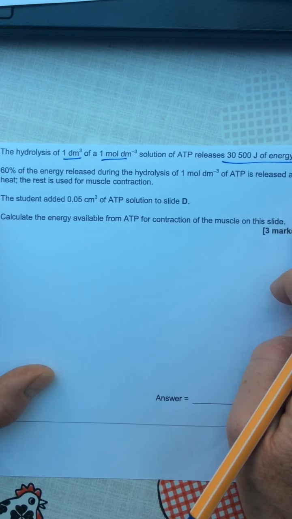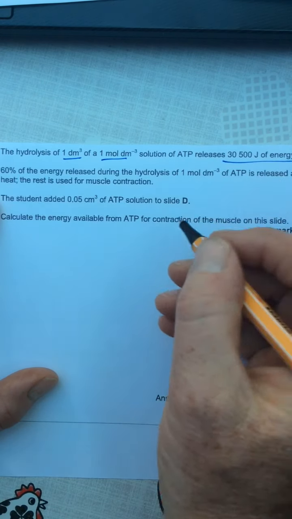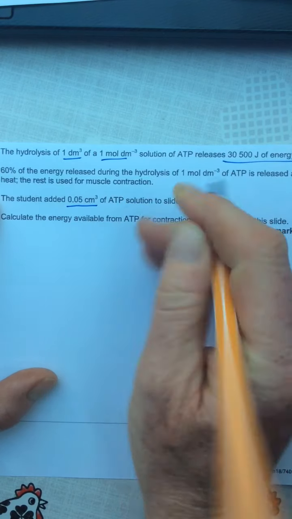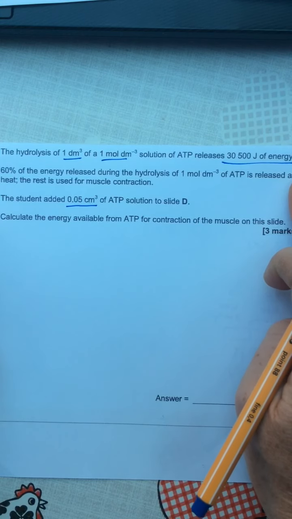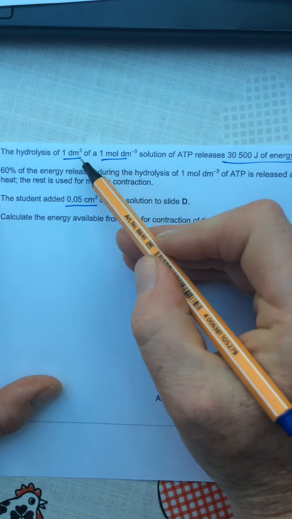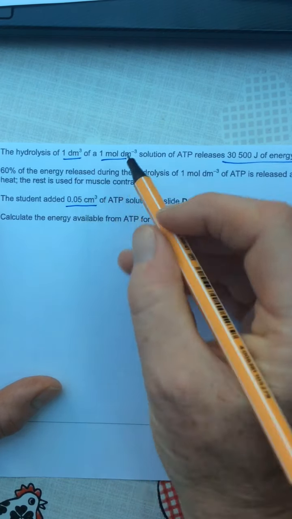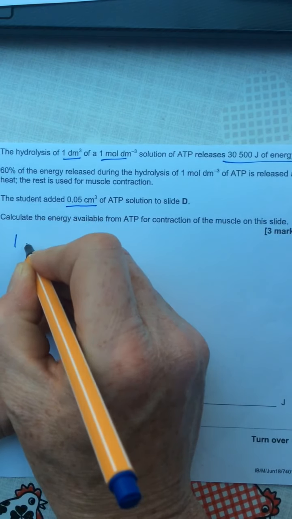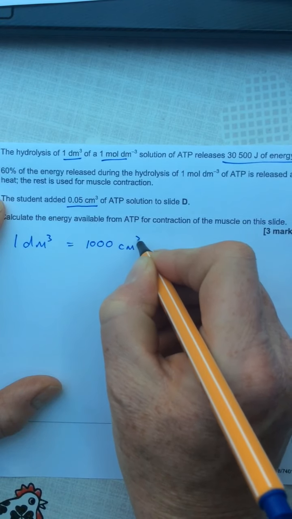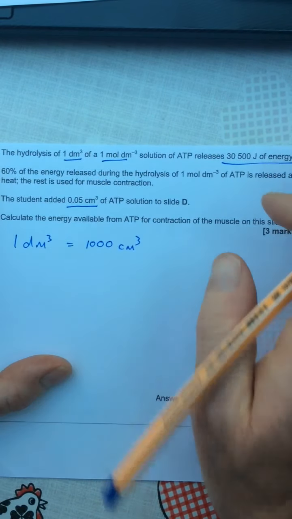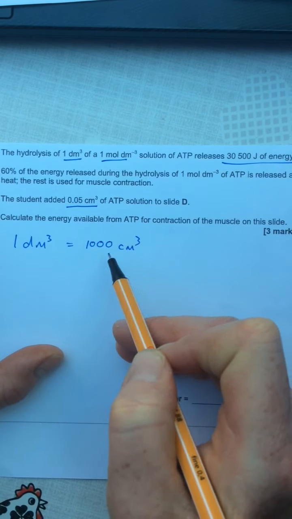If you look further down the question, it says that the student added 0.05 centimetres cubed. The 30,500 joules of energy is from 1 cubic decimeter. It's important to know that 1 cubic decimeter is the same as 1,000 centimetres cubed. So the student only used 0.05 centimetres cubed, not 1,000.